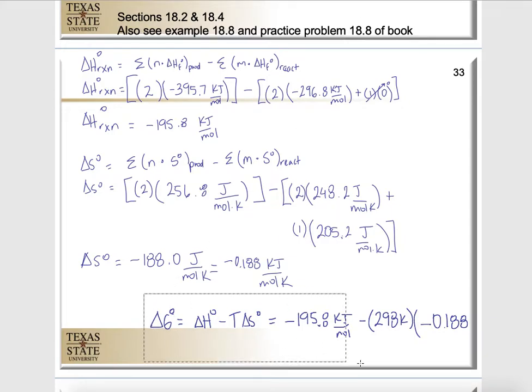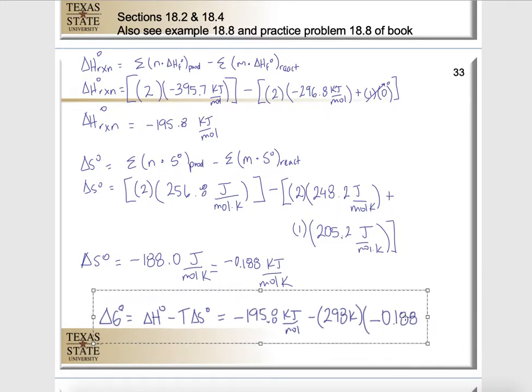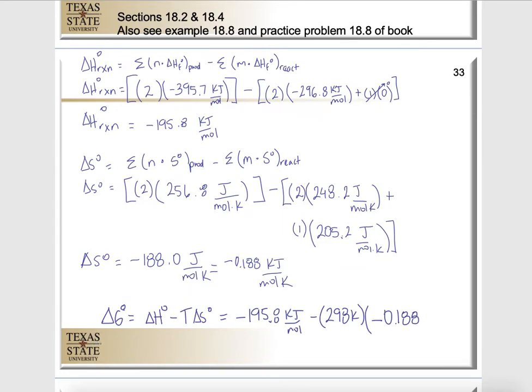Once you are done multiplying and subtracting, you should get negative 139. Notice that the kelvins actually cancel away, and so both terms are in kilojoules per mole.